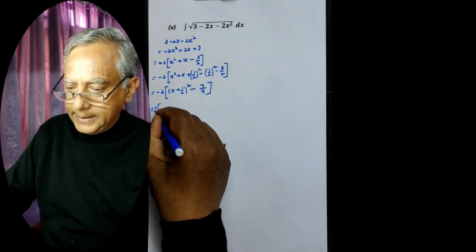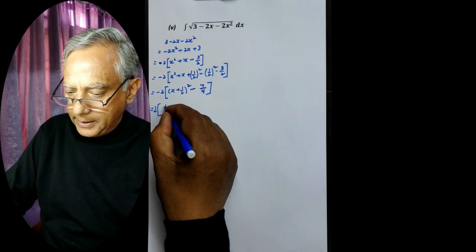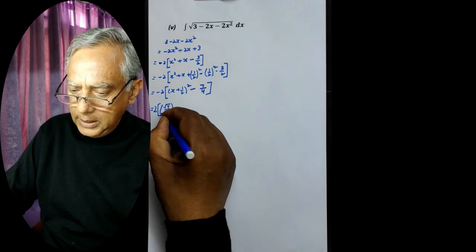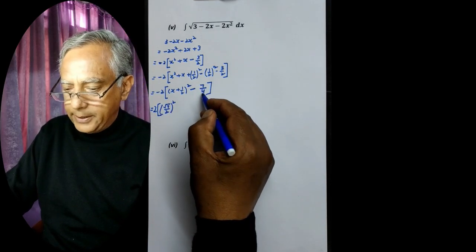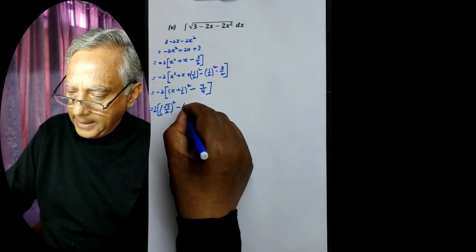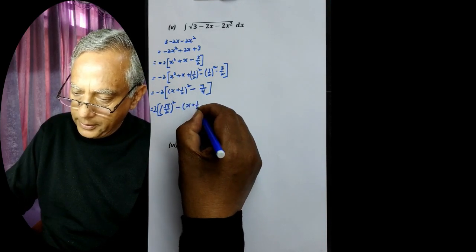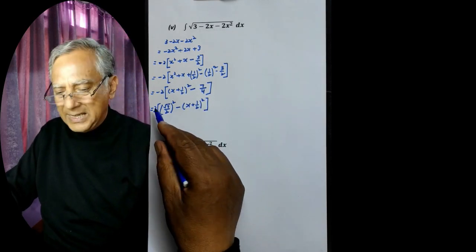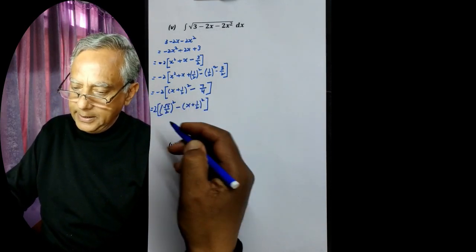This is 7 by 4 and this is equal to, now take minus inside. This can be written as root 7 by 2 whole square, and minus has been taken inside. So this will be x plus 1 by 2 whole square. Before using the appropriate formula, you must take this negative inside.